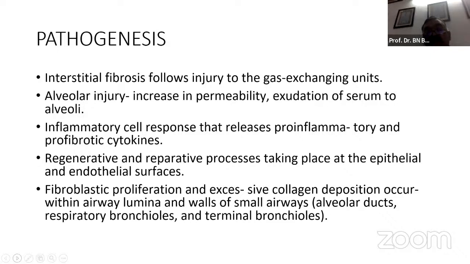That means the respiratory bronchioles, the terminal bronchioles, and alveolar ducts are the structures which are affected whenever there is an injury. So there is inflammation and fibrosis. And this fibrosis is a relentless progressive fibrosis, almost to the extent of being autonomous and something like malignancy. So, relentless fibrosis, even after having removed the antigenic stimuli which is responsible for the injury.